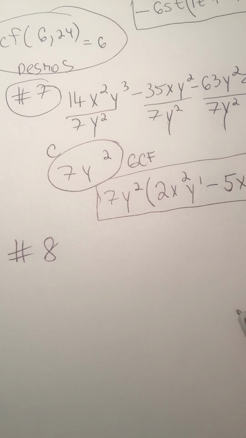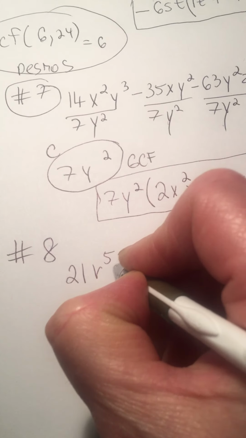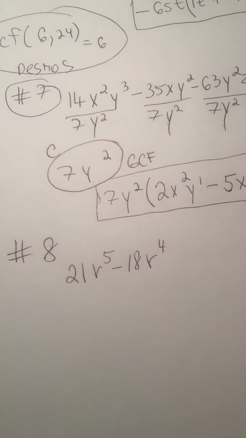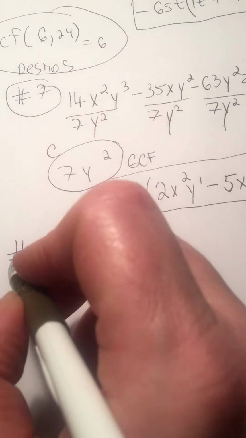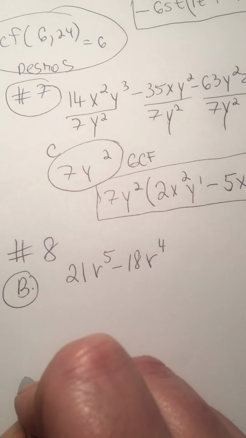We have 21r to the 5th minus 18r to the 4th. So this is our answer B. So we were looking at the answer choices.